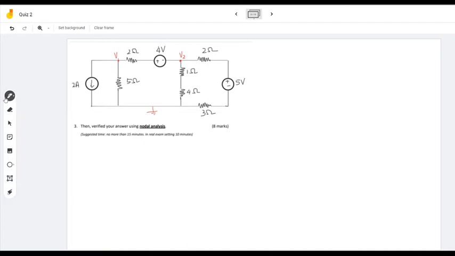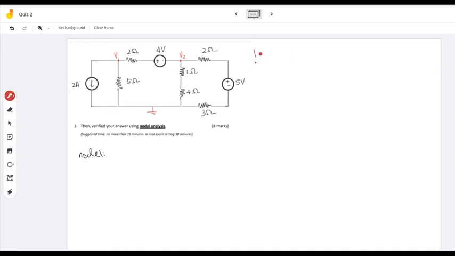Now, node 1. Oh yeah, before I even write node 1, I have to address this. A lot of you did a supernode. That's when everything goes wrong. I want you to put a recap note.